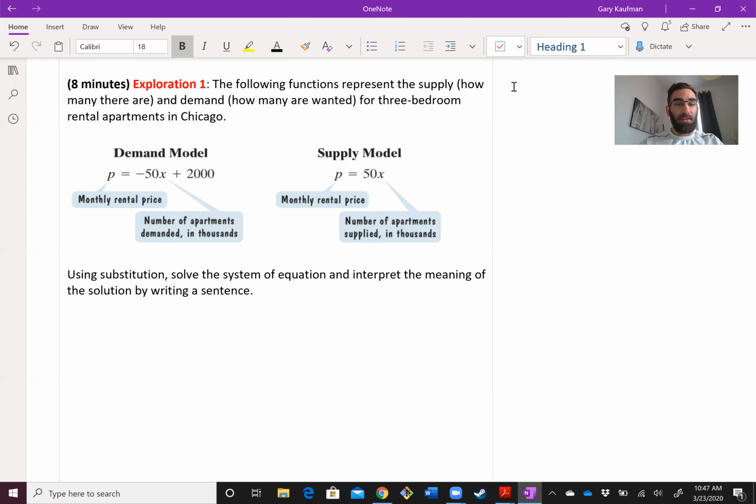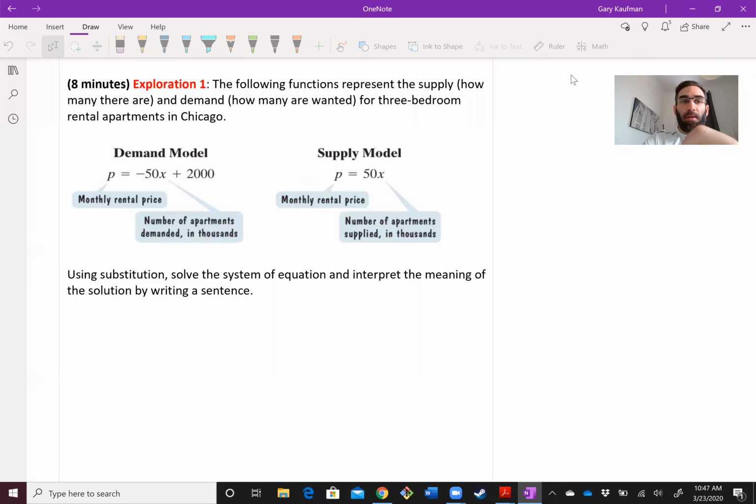Notice how I define the variables. I'm asking you to use substitution to solve this system and then interpret the meaning of the solution. So I want to see what you think before I go over it. Take 8 minutes and see if you can solve this system and interpret the meaning.